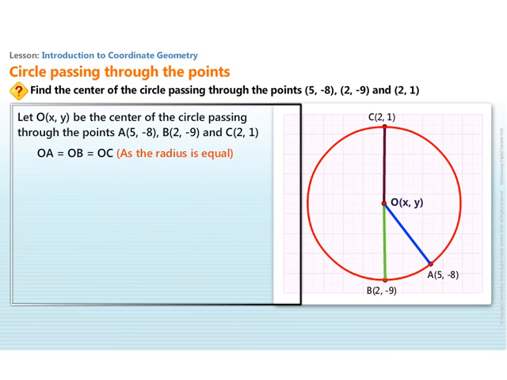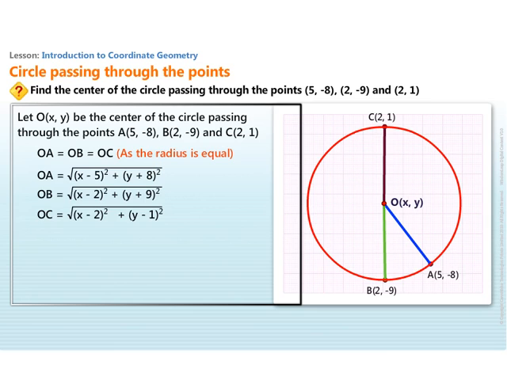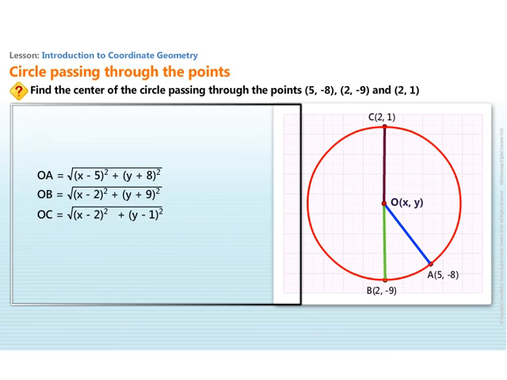Applying the distance formula to points O (x, y) and A (5, -8), we get OA is equal to the square root of (x minus 5) whole square plus (y plus 8) whole square. Similarly, OB is equal to the square root of (x minus 2) whole square plus (y plus 9) whole square, and OC is equal to the square root of (x minus 2) whole square plus (y minus 1) whole square.